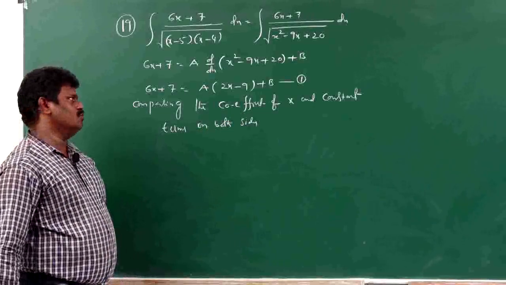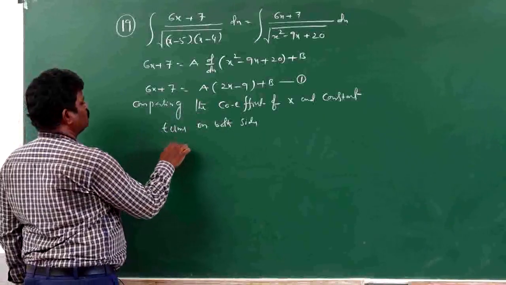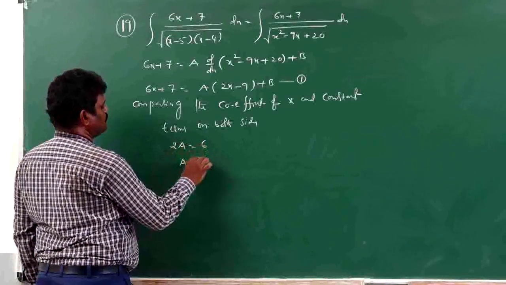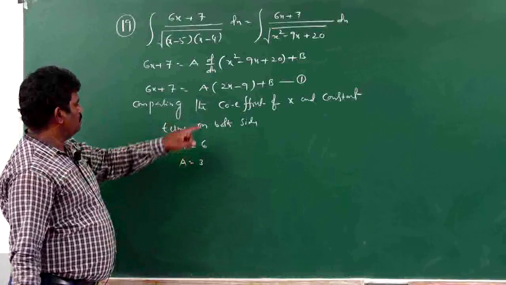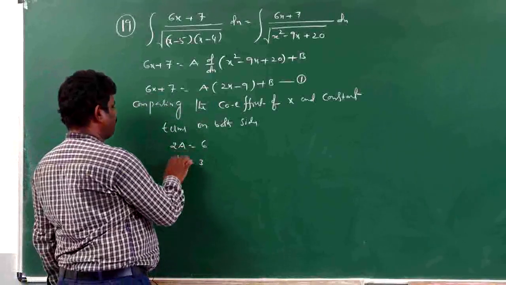Now see, here coefficient means what, 2a. 2 into a is equal to 6, a is equal to 3. 2 ones are 2, 3 twos are 6. Okay? So 2a is equal to 6, a is equal to 3.